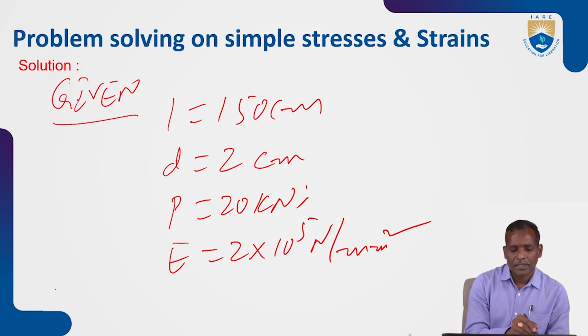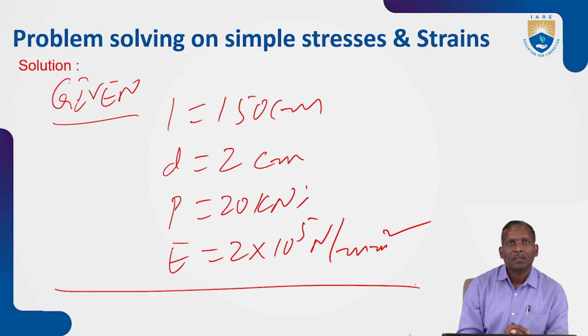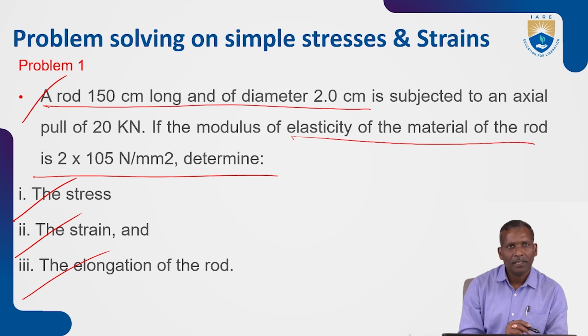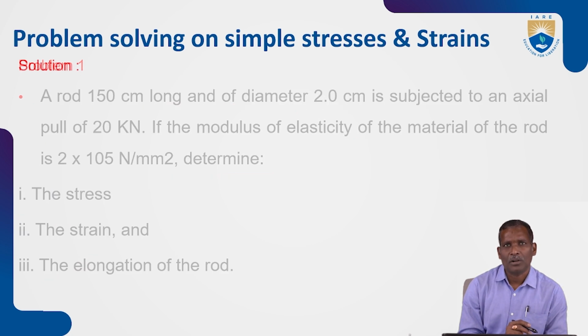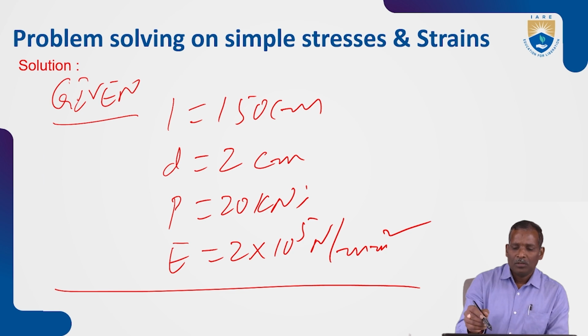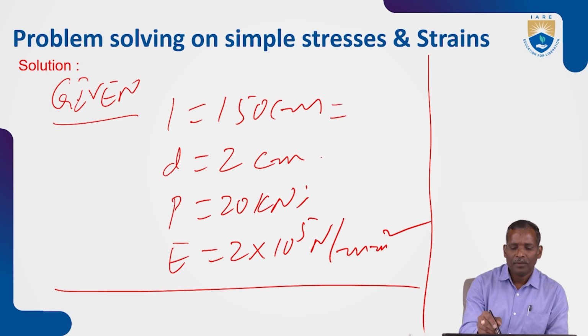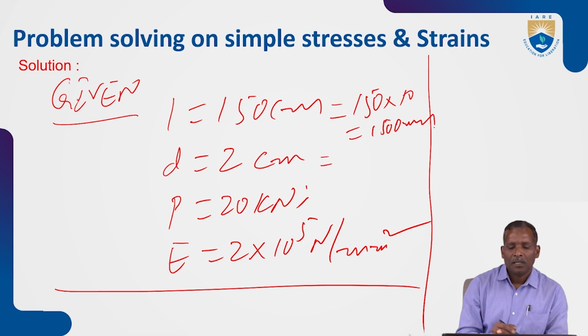What has been asked: determine the stress, strain and elongation of the rod. So apply the relations. First convert into mm. 150 centimeter converted into mm, multiply with 10, gives 1500 mm, and the diameter is 20 mm.